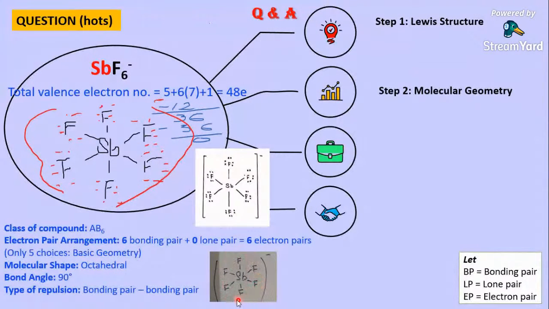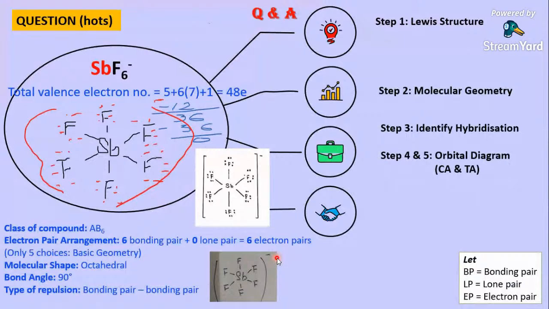Okay, and then here must with charge. Here is a similarity, both must with a charge, negative charge. Because starting from here is negative, so your restructure must with a negative charge. Molecular geometry must with negative charge. For your hybridization diagram, also must draw the negative charge as well. So step 3, 4, 5, identify hybridization.